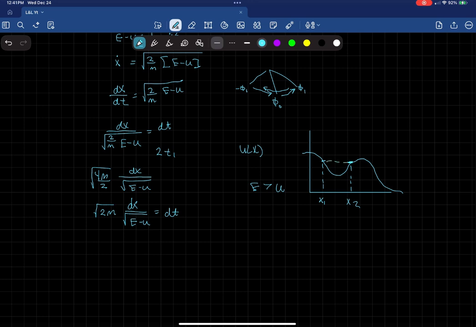If I call this line here E, then U must always be less than E.